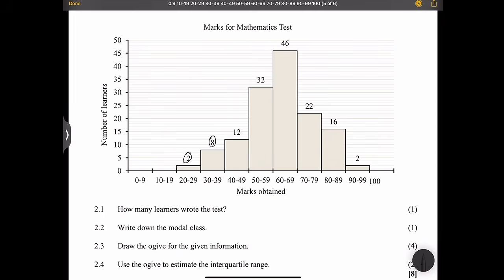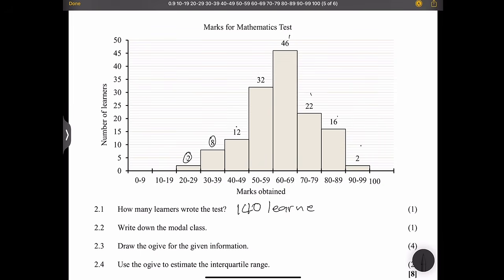So we're just going to calculate the number of learners in total here. That's 2 plus 8 plus 12 plus 32 plus 46 and all of those numbers, and I got a total number of 140 learners. So it's 140 learners that wrote the test.